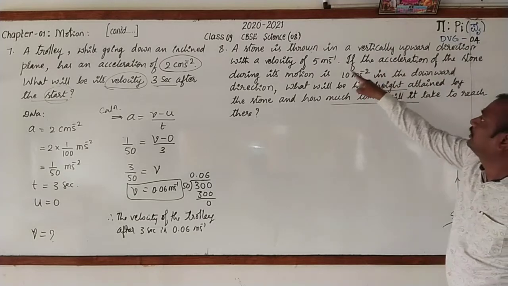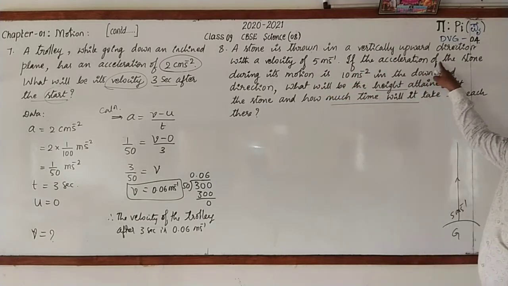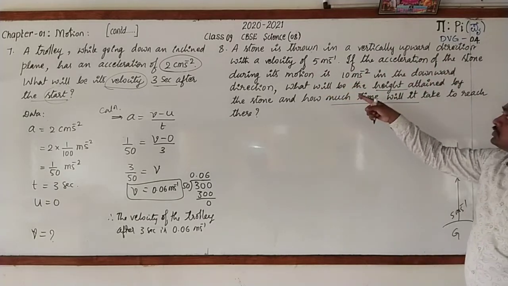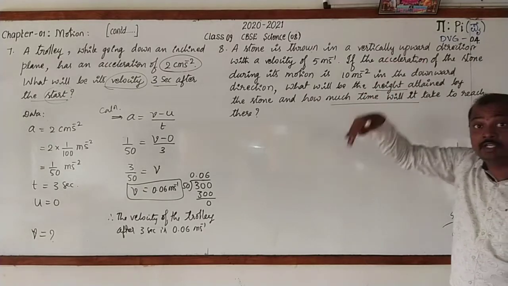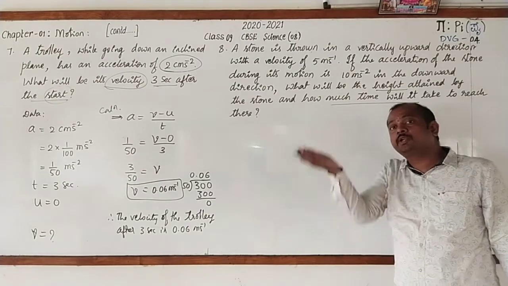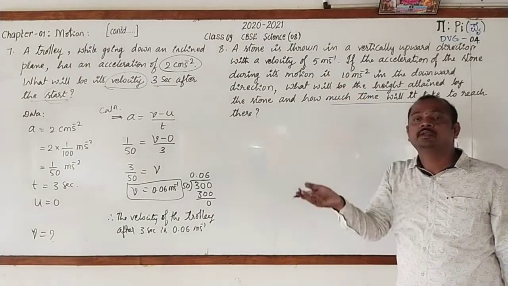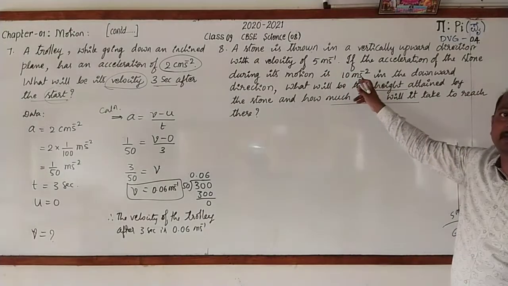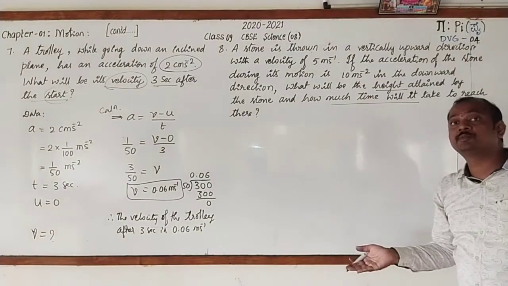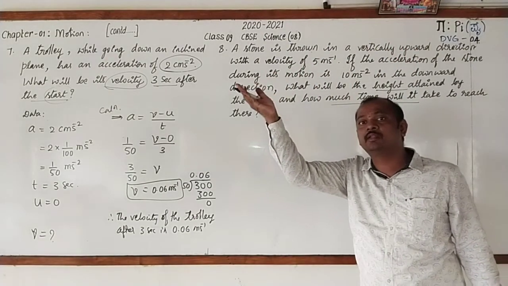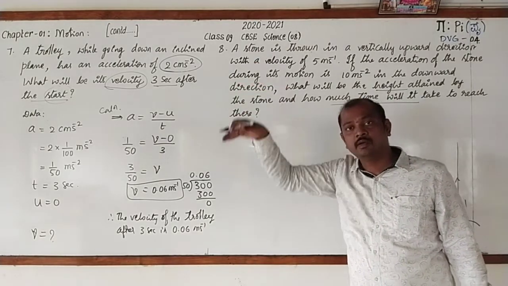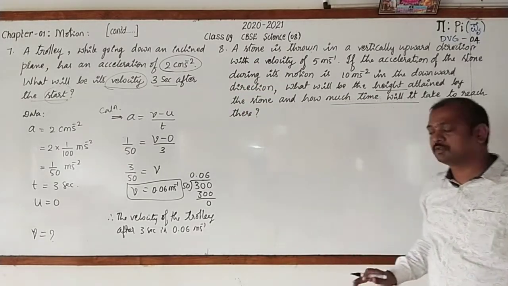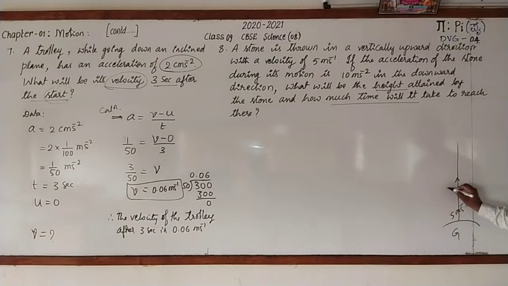The acceleration of the stone during its motion is 10 meter per second square in the downward direction. What about in upward direction? It is also the same, that is 10 meter per second square. But when it is moving in the upward direction, we consider deceleration. Moving downward, we consider positive acceleration. Okay. So it is 10 meter per second square.